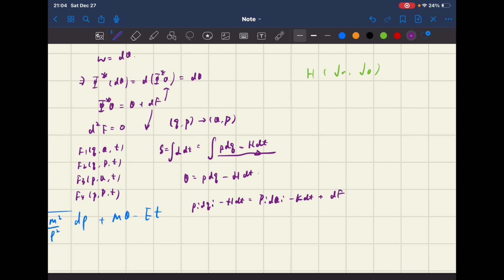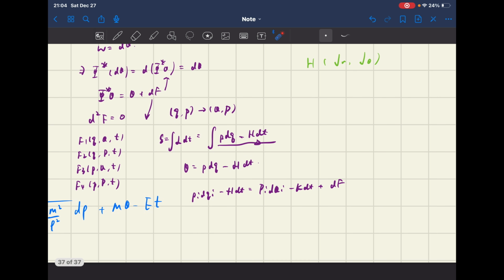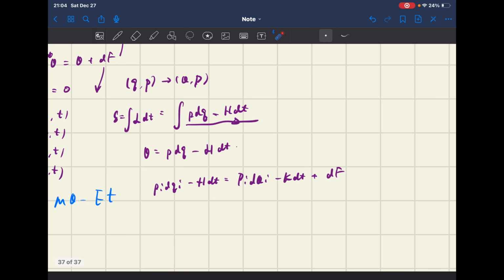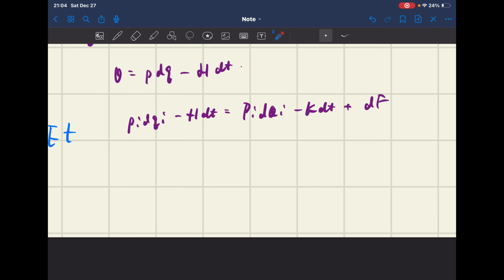And that is what I just talked about. You could allow for the exterior derivative of something f in here, because after you take the exterior derivative on both sides, this term will vanish. So yeah, that's the generating function.